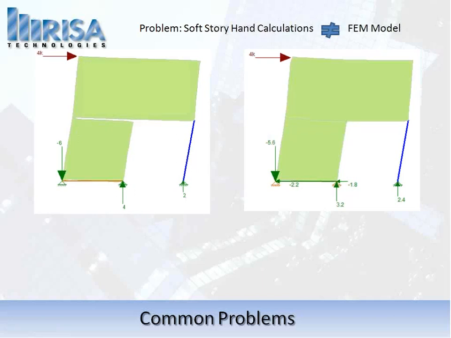So the plate elements on the top are connected to the plate elements on the bottom. That's typically where you'd end up. But what you'll notice is that we start to veer away from the hand calc method, so our calculated values are a little bit different. What's happening is that you're carrying your 4 kips through your model here, laterally, and dragging it through.